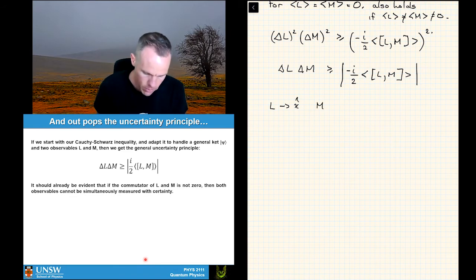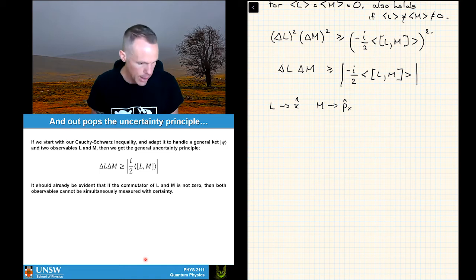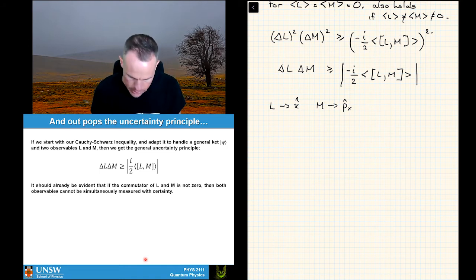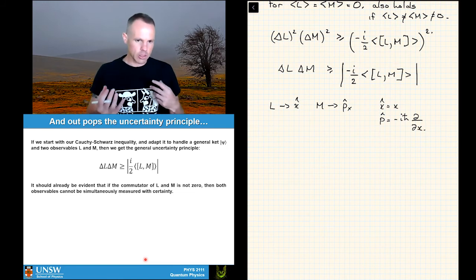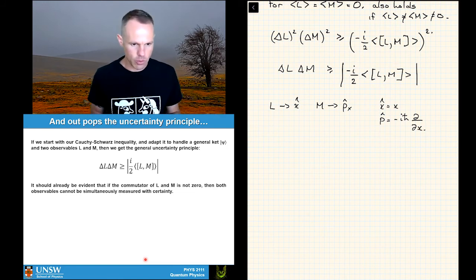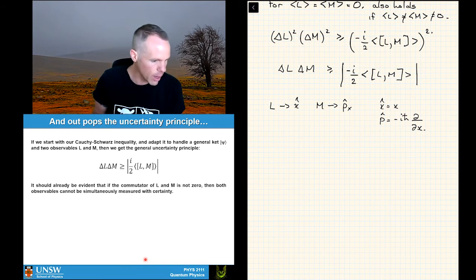And our observable M, we're going to make it P of X, okay? And you'll remember that X hat was just X and P hat was minus i h bar d on dx. Okay, and I usually write that as a partial because if we are considering y, then it really is a partial derivative rather than an absolute derivative.